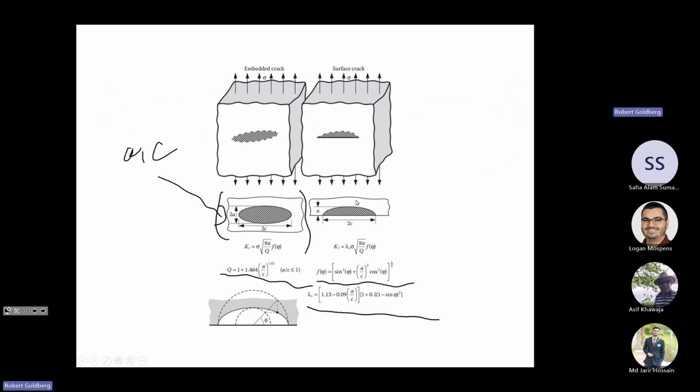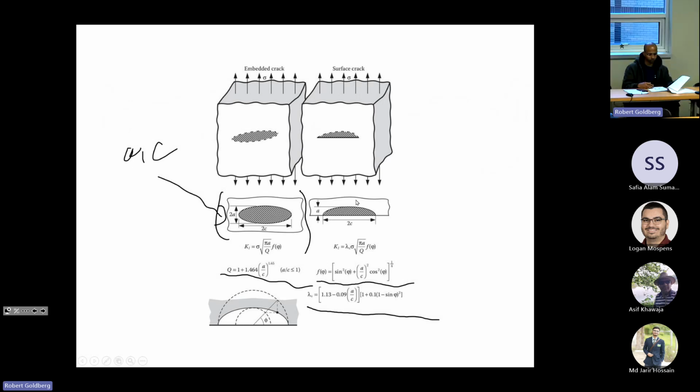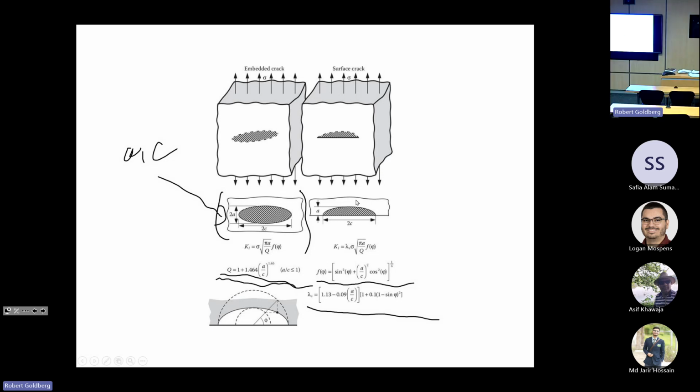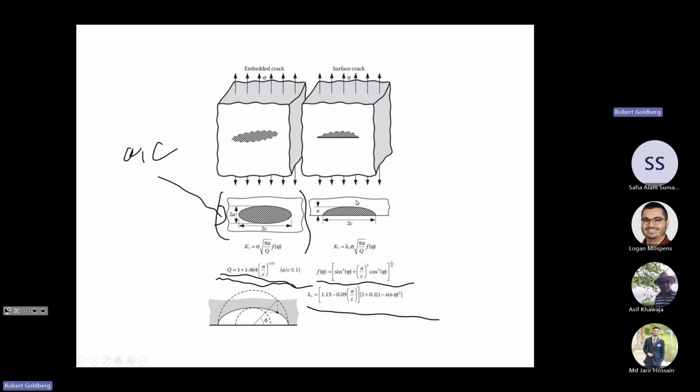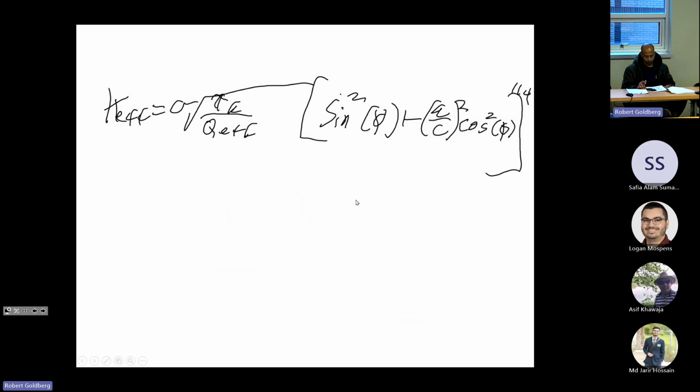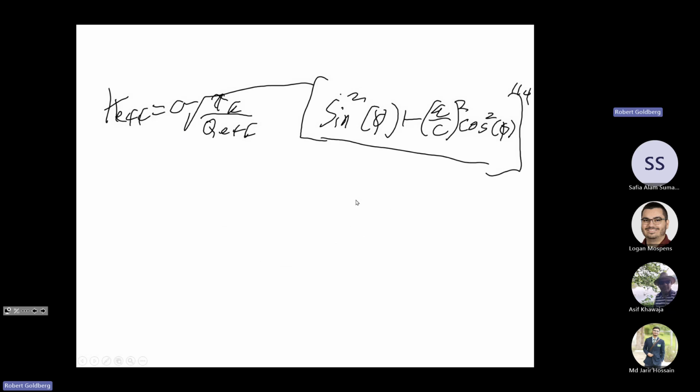This Q effective is taking this equation here and this f of phi that we have here, and we just modified it.